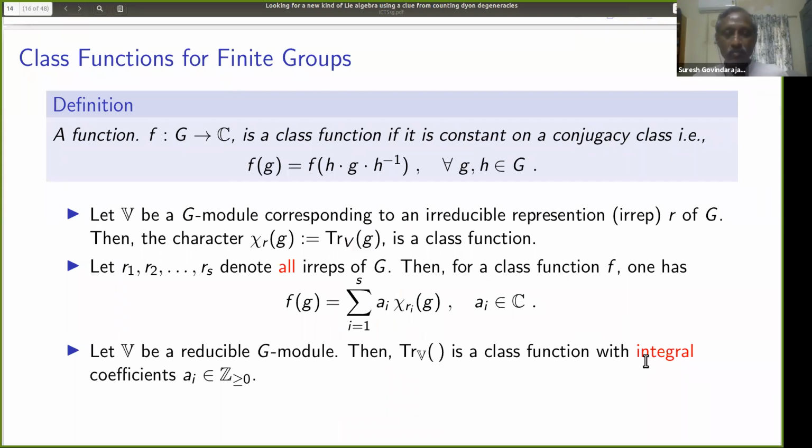But now there will be coefficients which are integral and tell you the multiplicity. So if you have 5 times chi R2, that means the representation R2 appears 5 times. So an additional condition, when it is coming from some real module, is that the a_i are integers, or non-negative integers is probably the correct statement. Okay, so this is something which we have.